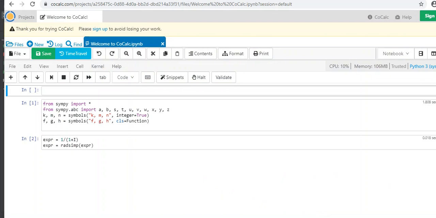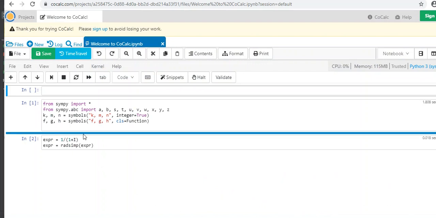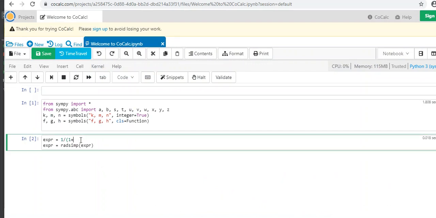And so now what you can see is it has set this as just some random expression, but we don't need that. We can just use our own example. So under expression, you can just type whatever it is you wanted to do. And our example before, which we can keep, is 1/7 plus the square root of 5.